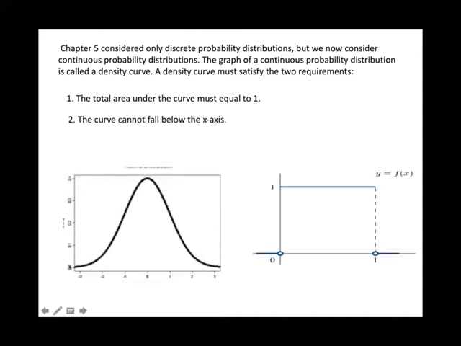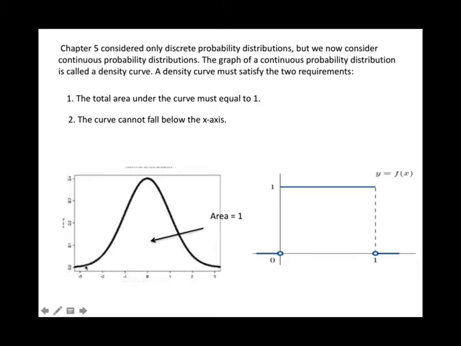And then we're going to talk about the density curve. A density curve must satisfy two requirements. First, total area under the curve must be equal to 1. The curve cannot fall below the x-axis. For the left-hand side here, this is the normal distribution, right? The bell shape. So this is one of the density curves. The area will be equal to 1 in here.